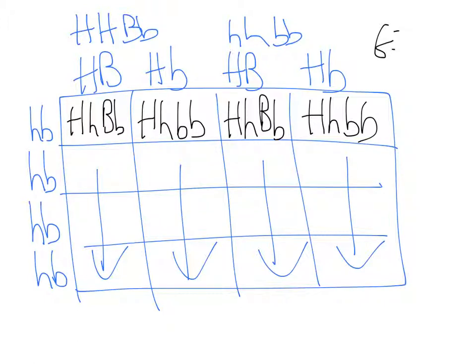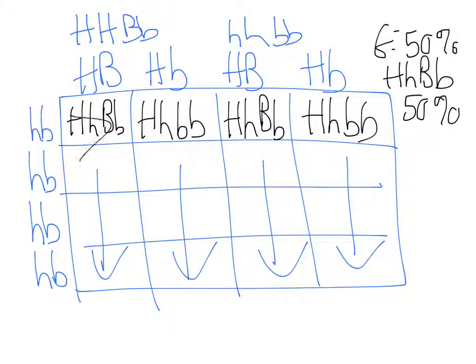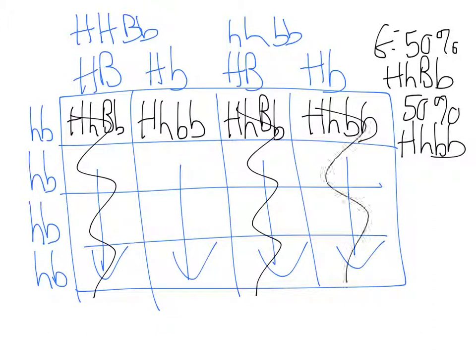Well, what do we have? We have 2 different ones, right? So it's going to be 50% of big H, big B, little b, and 50%, because that counts all of these, and then we got to count those, 50% big H, little b, and that counts the rest of them. And then for phenotype, it's 50% and 50%.